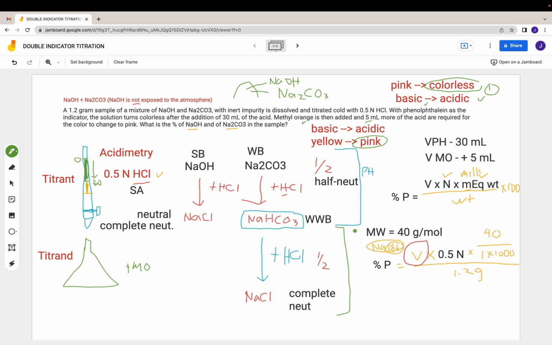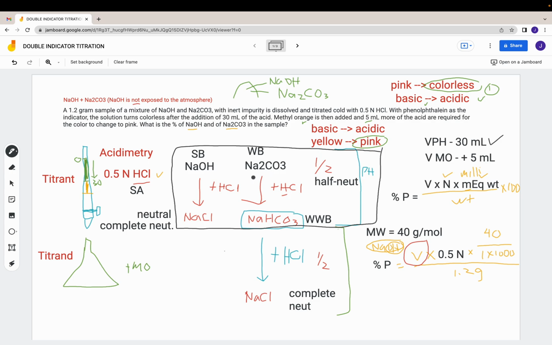So let's label this one, okay? At this point, you have to know the first addition, which is 30 ml. What is covered here is this entire process on top. So the HCl here is enough to neutralize your sodium hydroxide and to half neutralize your sodium carbonate.